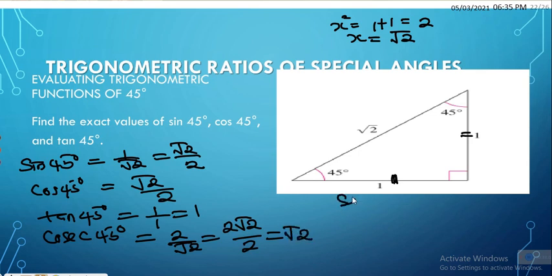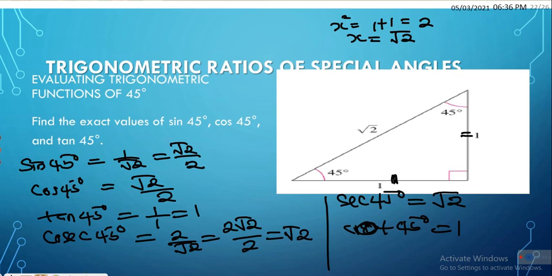And sec of 45 degree equals root 2, and cot 45 degree as well is equal to 1. So these are the ratios of special angle 45 degree.